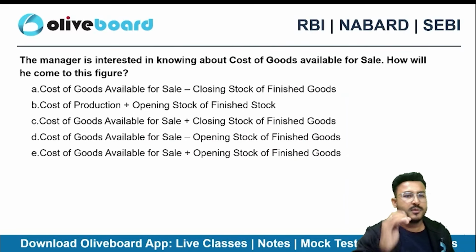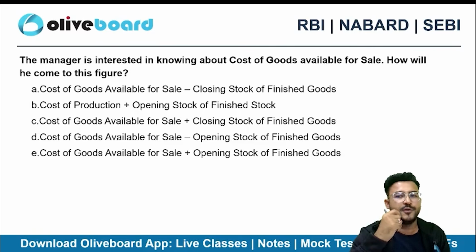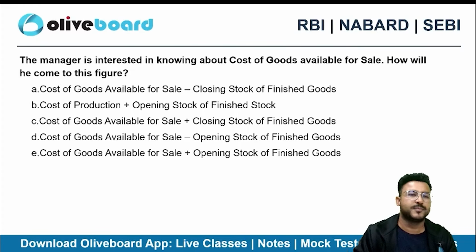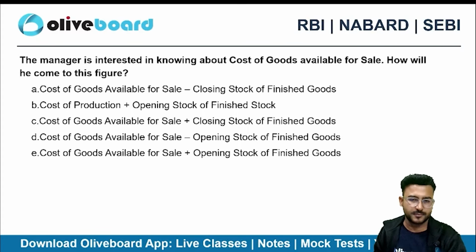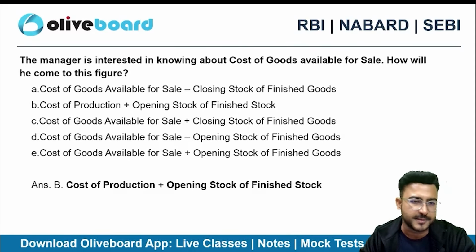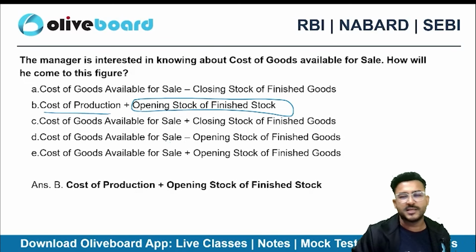Next one. The manager is interested in knowing the cost of the goods available for sale. How will he come to this particular figure? Obviously, to your cost of production, you need to add the opening stock of the finished goods. And I will say this is a very poor framing of options.